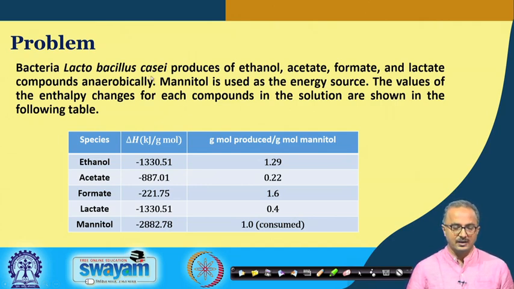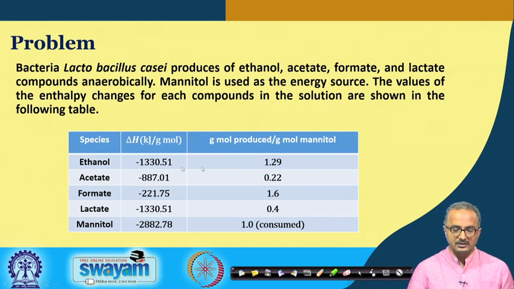So, here we have lactobacillus casei producing ethanol, acetate, formate and lactate compounds anaerobically, that is, in the absence of oxygen, and mannitol is used as the energy source, and the values of the enthalpy changes for each compound in the solution are given in this particular table.